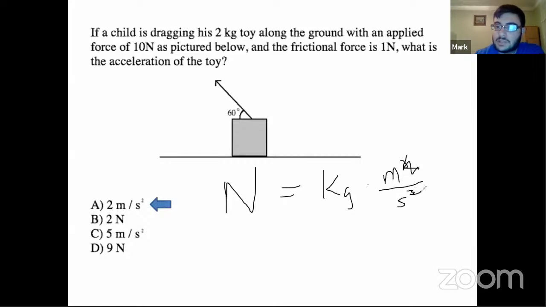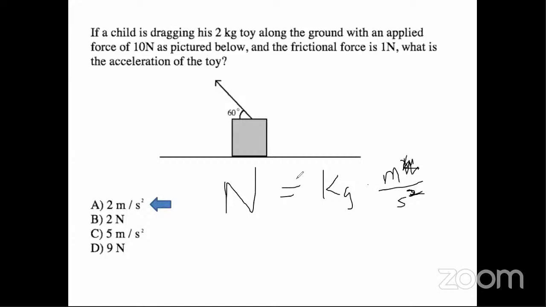These are the standard units of a newton: kilogram meters per second squared. A newton is equal to a kilogram times a meter divided by a second squared. We just simplify it down to newtons because we don't want to write this every time. Does that make sense?